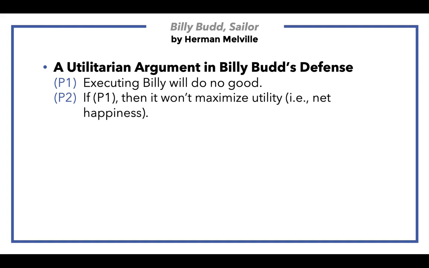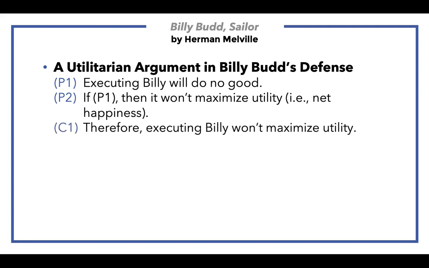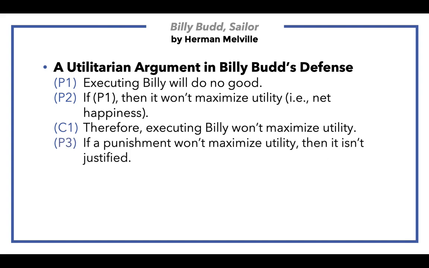So premise 1 says executing Billy will do no good. Premise 2 says if premise 1 is true, then it won't maximize utility, won't maximize net happiness. So executing Billy won't maximize utility. Premise 3: if a punishment won't maximize utility, then it's not justified. If it's not going to produce good consequences, if it's not useful, then it's not justified.